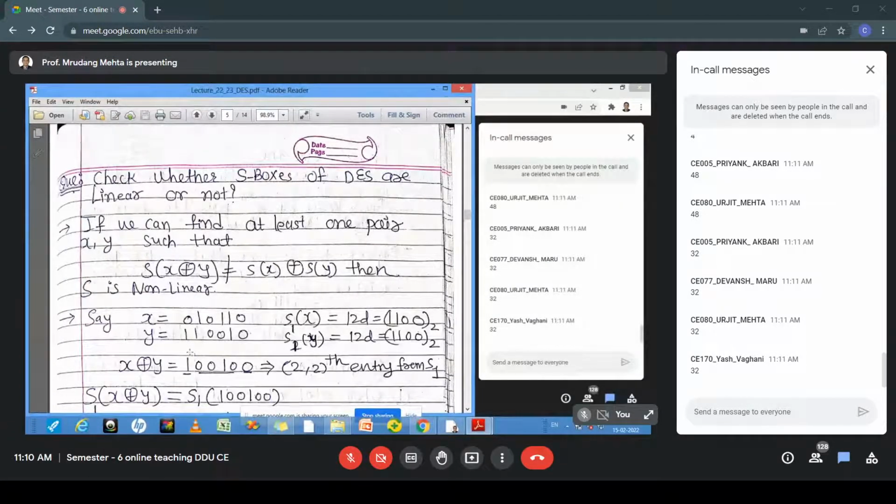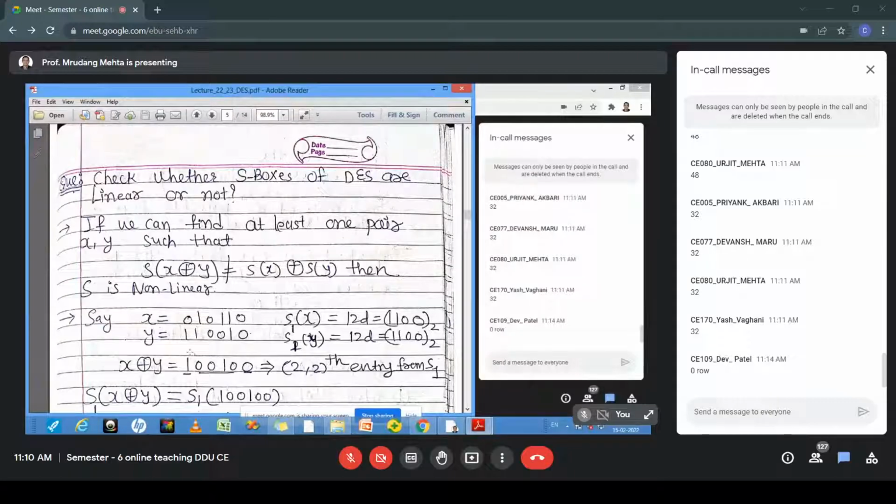Can anyone tell how we can find it? We have to find the row and column, right? Do you remember row and column? In X, which row and which column do we have to observe? The first and last bit, that is 0, 0.